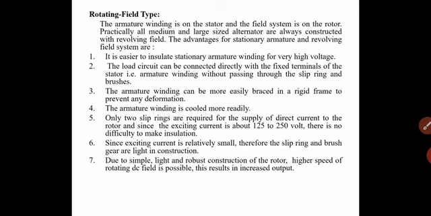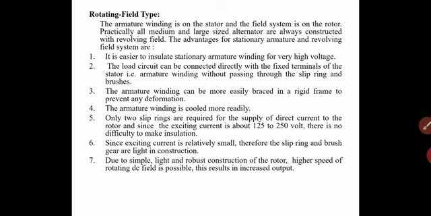Also, for a big size armature, the insulation required is more. If the armature is placed on the rotor or the rotating part, it is difficult to maintain that large amount of insulation. But if it is in the stator, it is easy to construct.